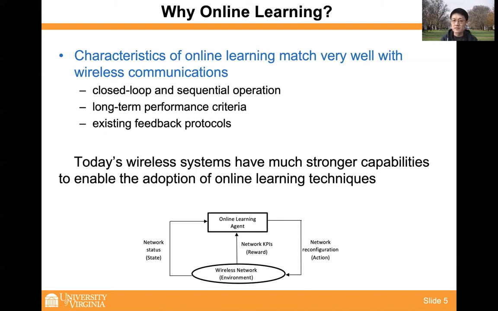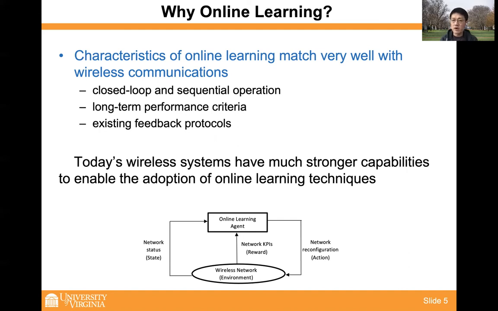Lastly, for online learning to work, generally we need feedback. This sequential decision making with uncertainty relies on the fact that when you take a certain action, you would be able to observe something that is a consequence of the action you just took. That requires a feedback protocol. In some other applications of online learning, this feedback protocol is actually the bottleneck of the system.